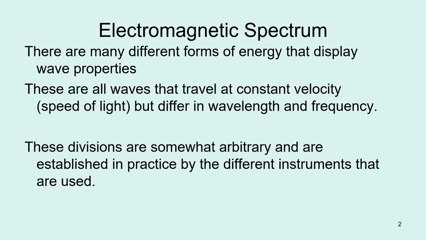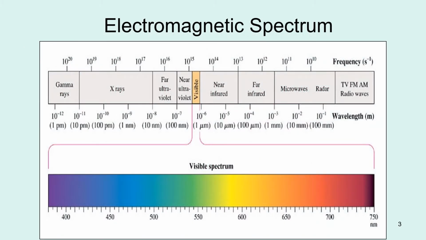But anyway, what we're going to do is focus on a couple of particular electromagnetic spectrum areas. Okay, so here is just to remind you of what the electromagnetic spectrum is. We start all the way on one end with gamma rays.